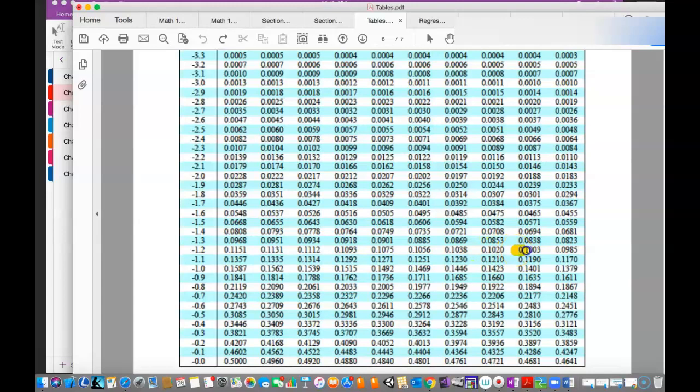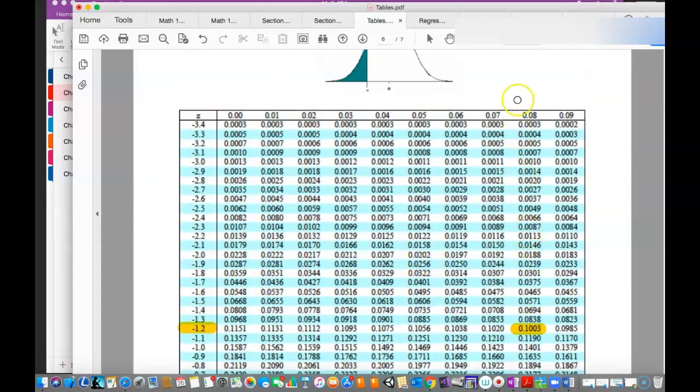I think this one is the closest. For z we have negative 1.2 going on top, plus 0.08, so we have negative 1.28. That is z, and this one was the probability.